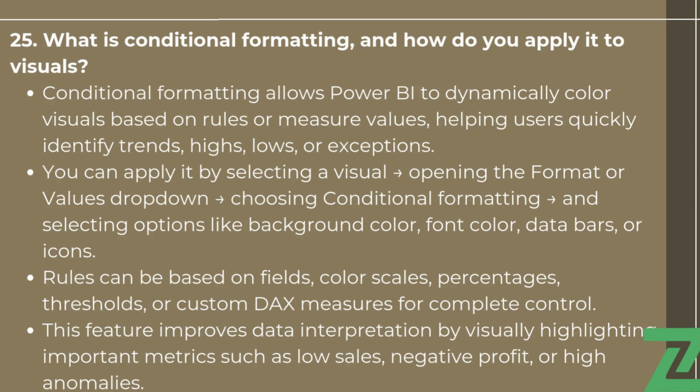You can apply it by selecting a visual, then opening the Format or Values drop-down, then choosing Conditional Formatting and selecting options like background color, font color, data bars, or icons. Rules can be based on fields, color scales, percentages, thresholds, or custom DAX measures for complete control. This feature improves data interpretation by visually highlighting important metrics such as low sales, negative profit, or high anomalies.